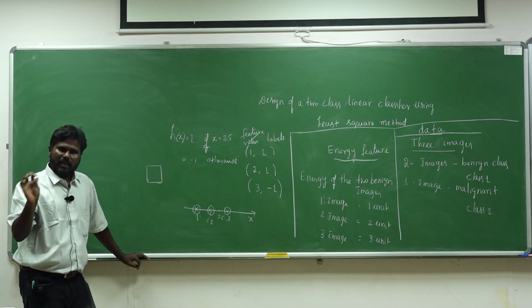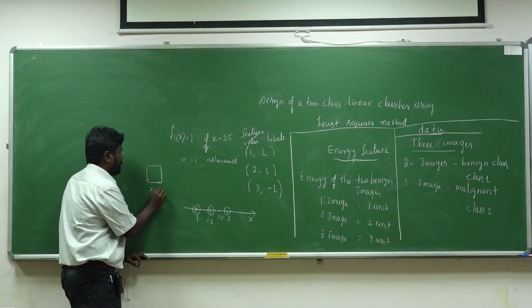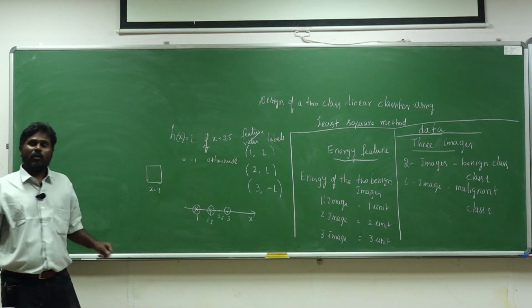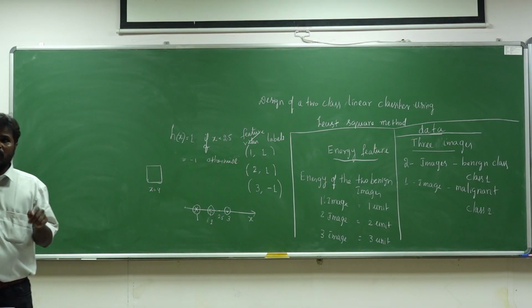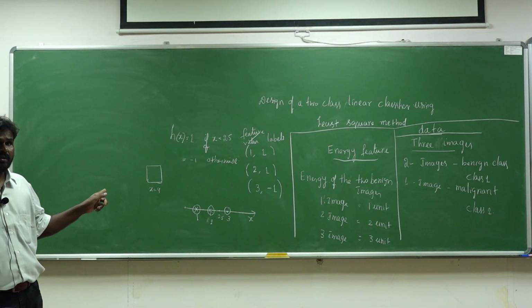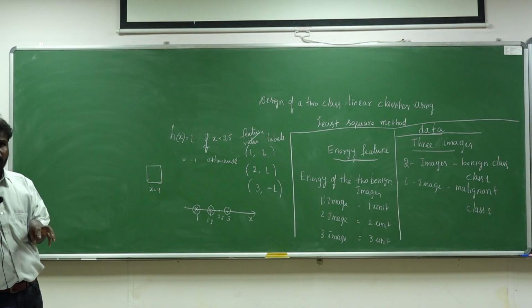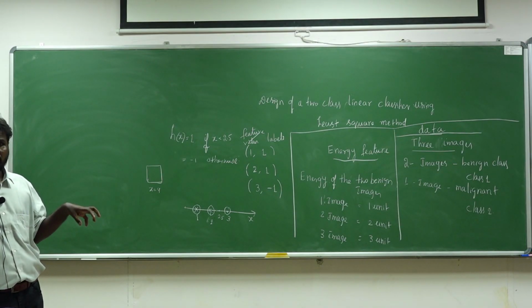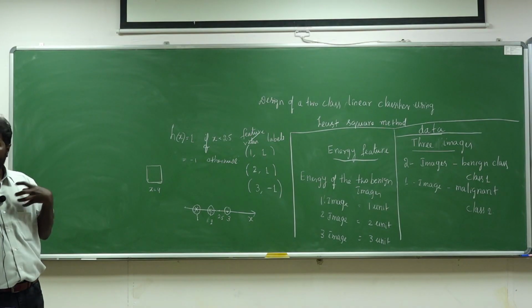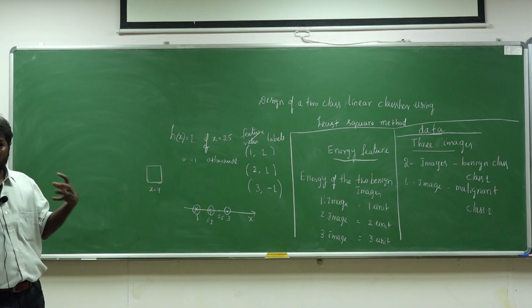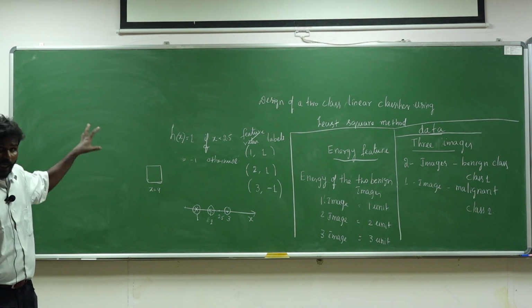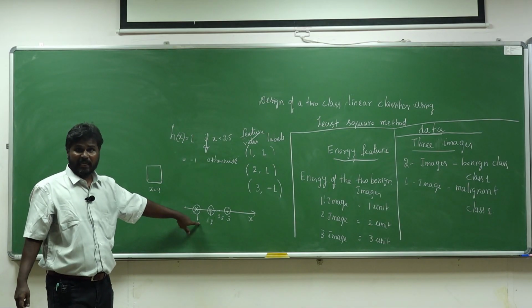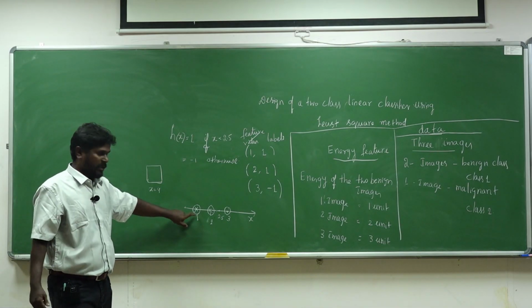It can be anything. Let's say it is equal to 4. Now what does the classifier say? We already defined a classifier based on the feature space, based on the data available to us.